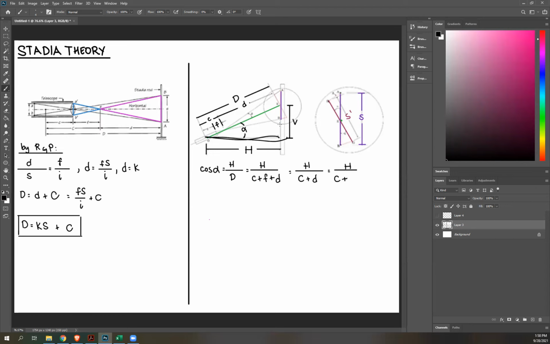This line is perpendicular to this line, and this line is perpendicular to this line, so the angle between them should be the same. So that's why this is alpha, and this is also alpha. And you got yourself a right triangle over here.